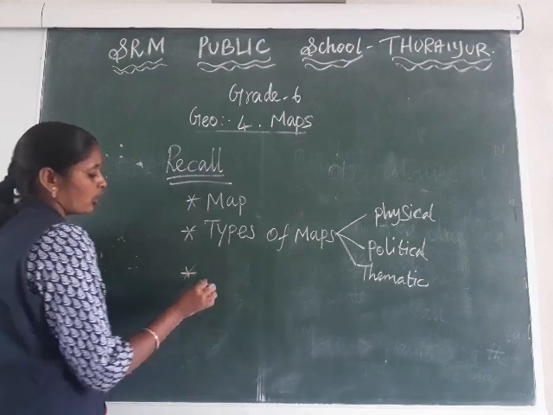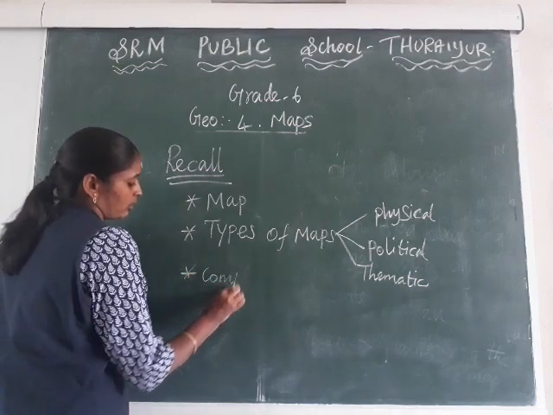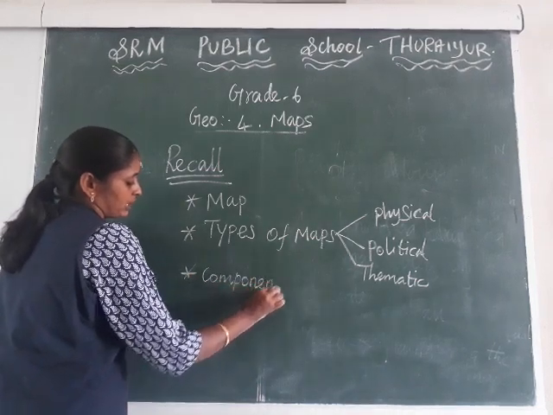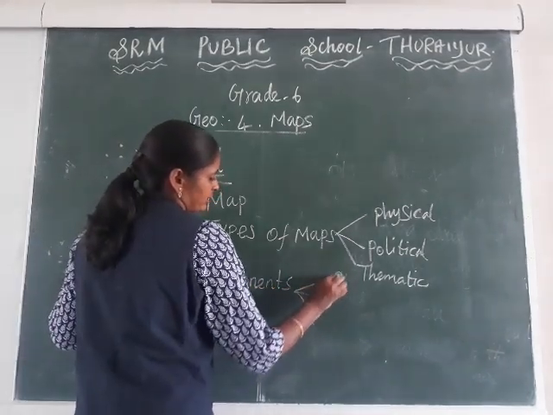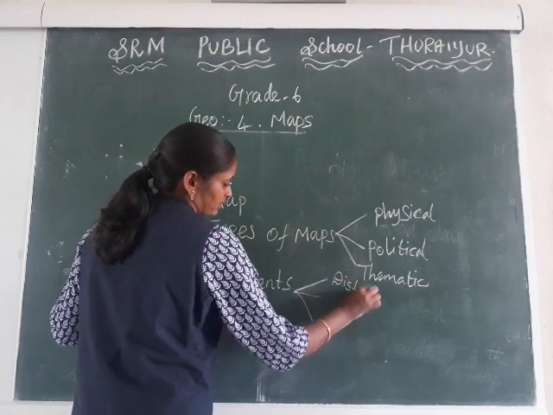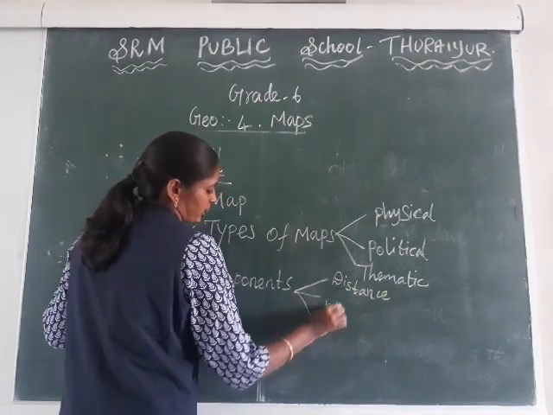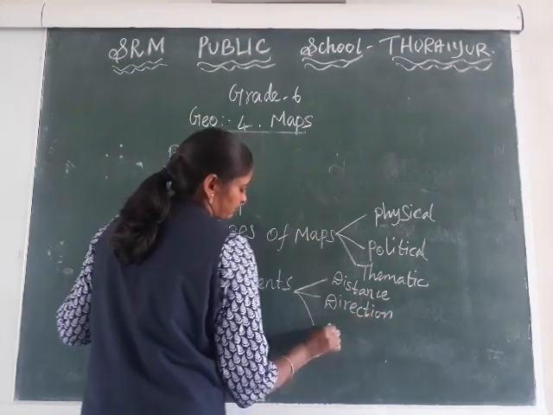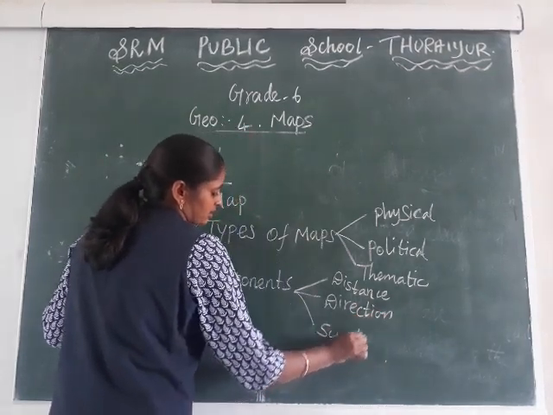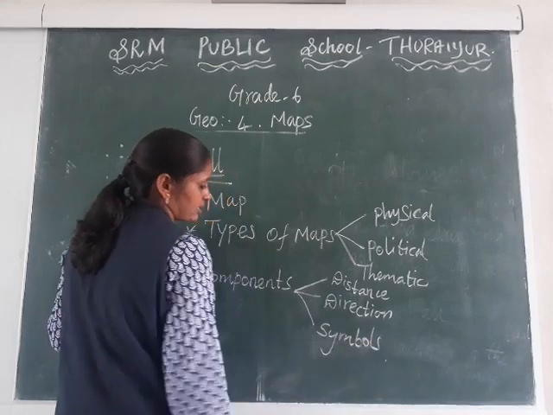Then we discussed the components of a map. We have 3 components: distance, direction, and symbols.